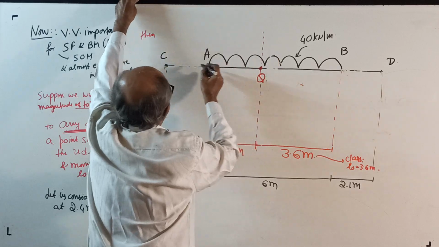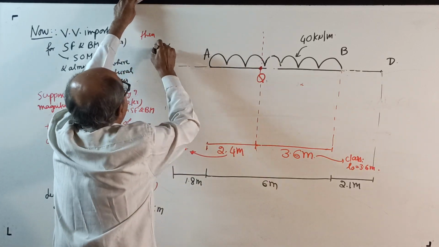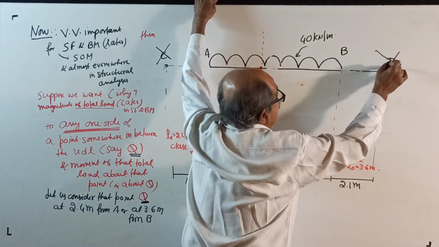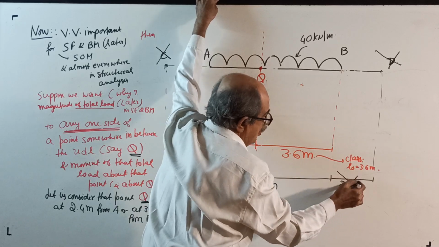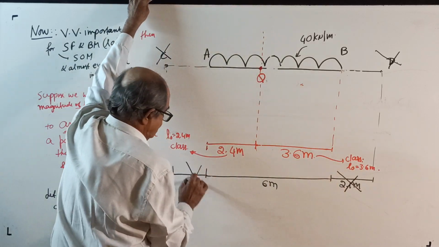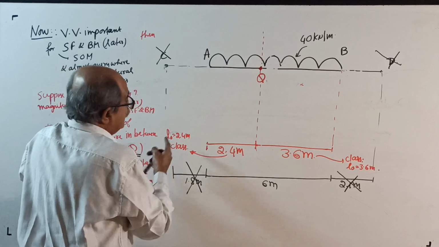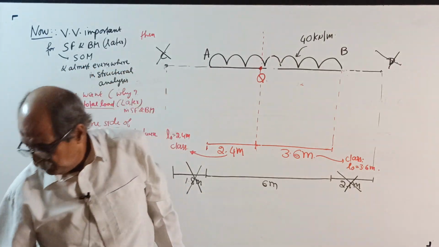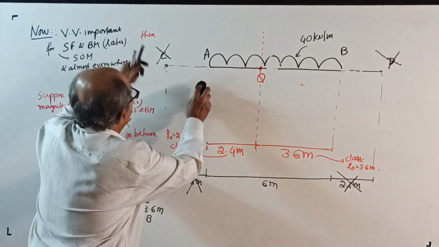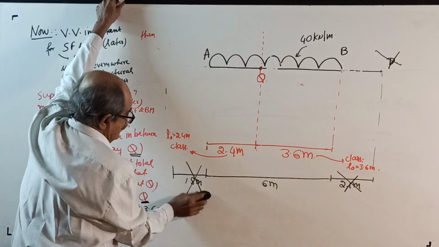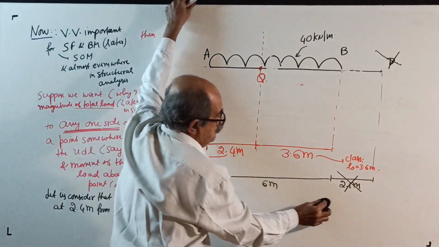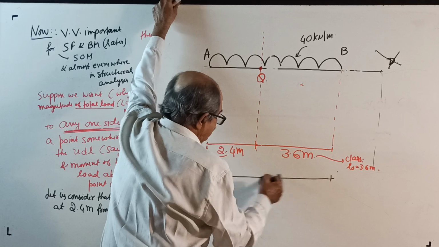Okay, now write one more sketch. Now, see, this C point and D point will not come into calculation now. So, you can remove those points, C and D. It is not required. Get out. Load, see.